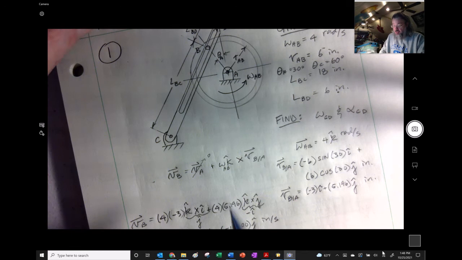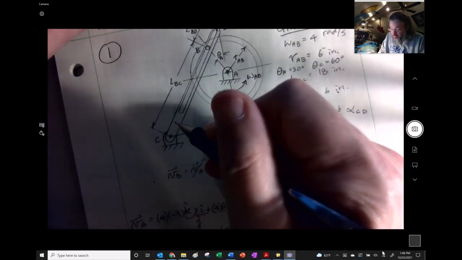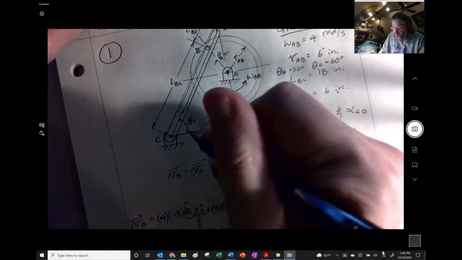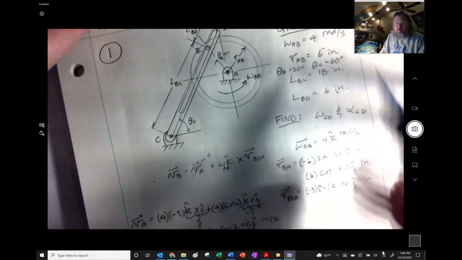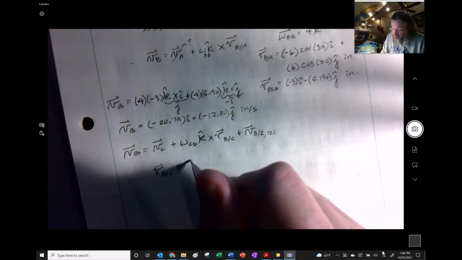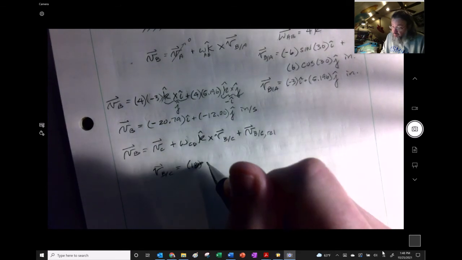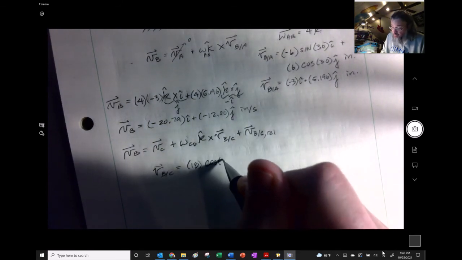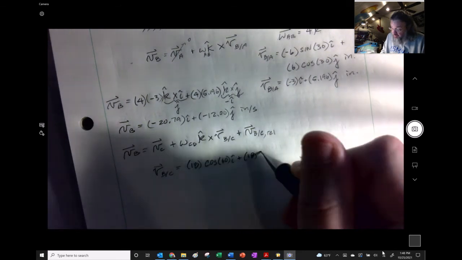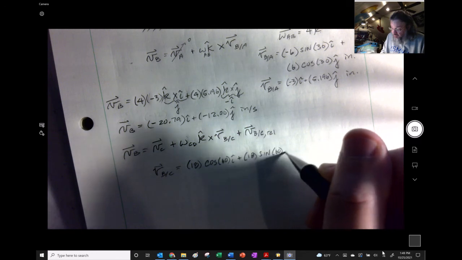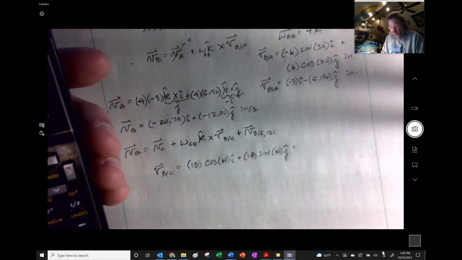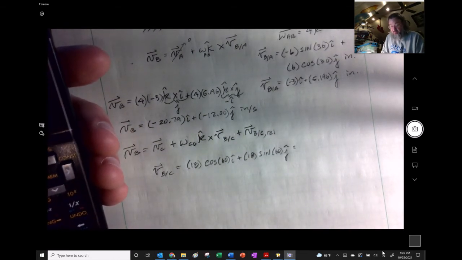So it's just L_BC times, oh, and I didn't put this angle in here. That's a theta_C that needed to be written in there. All right, so that's the 60 degrees we have right there. So we're just going to take that L_BC, which is 18, and that's positive, and we're going to take a cosine of 60 i plus our 18 sine of 60 j. 18 cosine 60, it should be half, right?